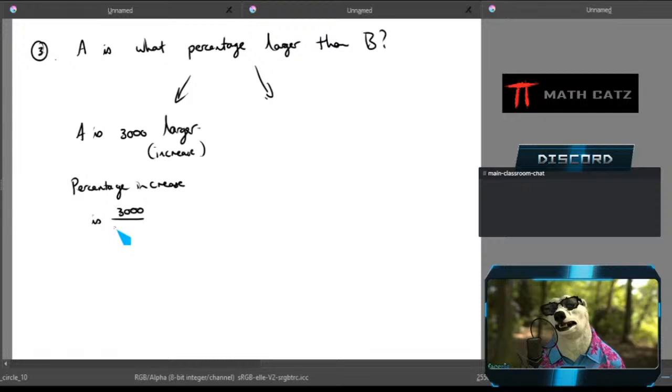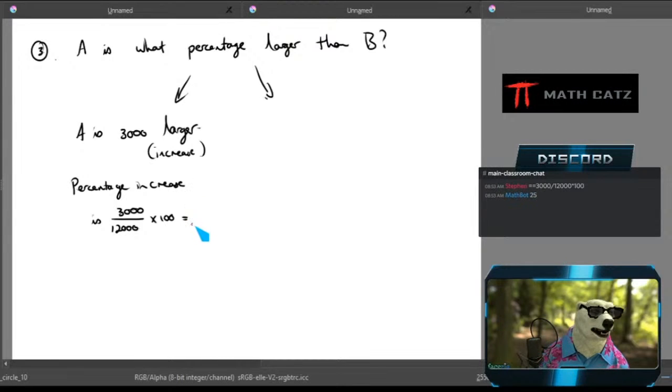Compared to B. And I get the percentage value by multiplying over 100, and let's see what we get. 3,000 divided by 12,000 times 100. We get 25. Of course, that'll be 25%.